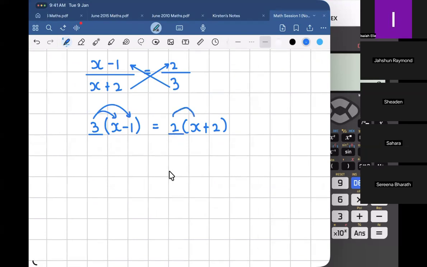Minus 3. Okay, so we're going to end up with 3x minus 3 is equal to 2x plus 4. Now, question. We are trying to find x, so should minus 3 be over here? No, it should be on the other side.